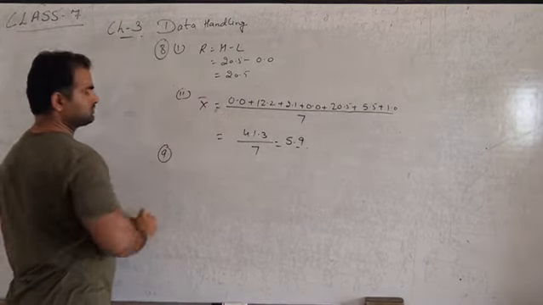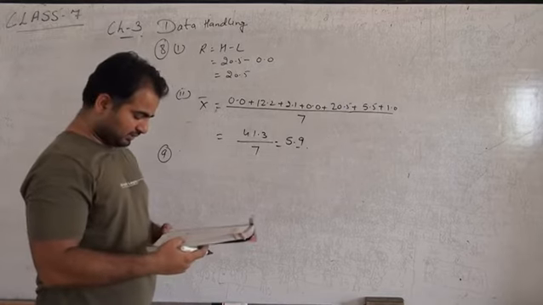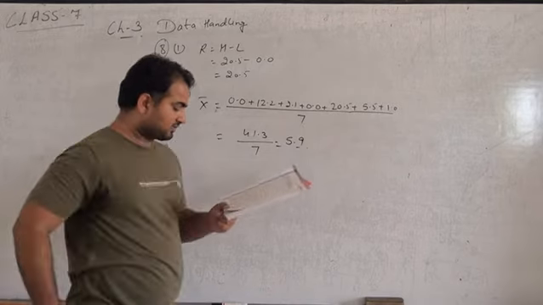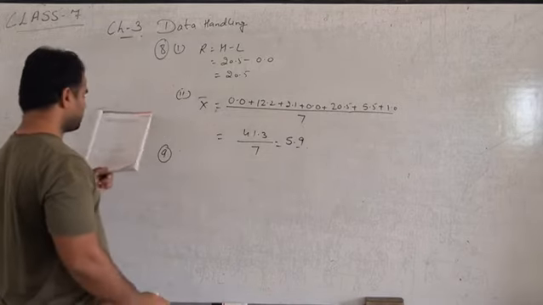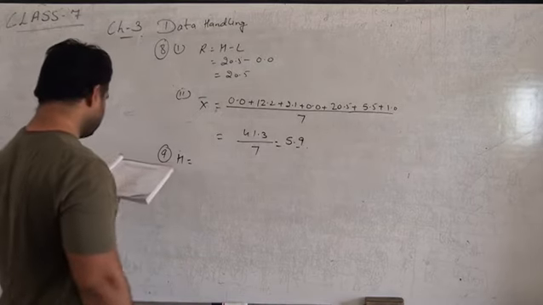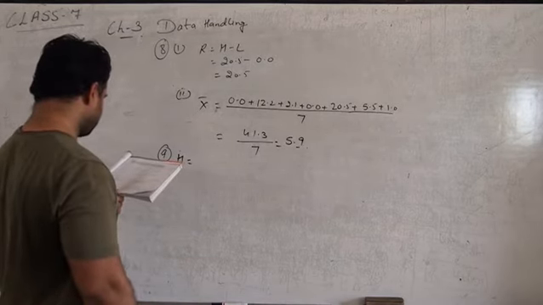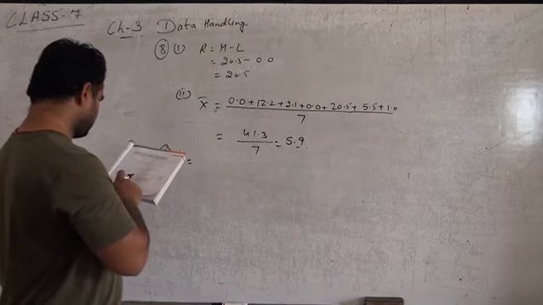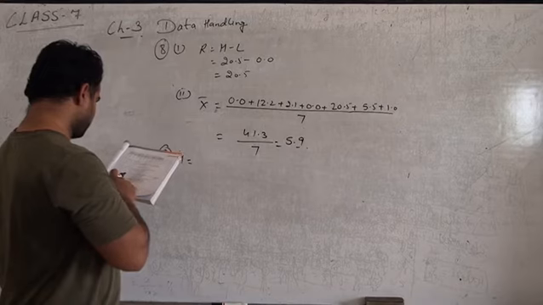Next and the last question is question number 9. The heights of 10 girls were measured in centimeters as follows. What is the height of the tallest girl? So H equals the tallest girl's height, which is 151.